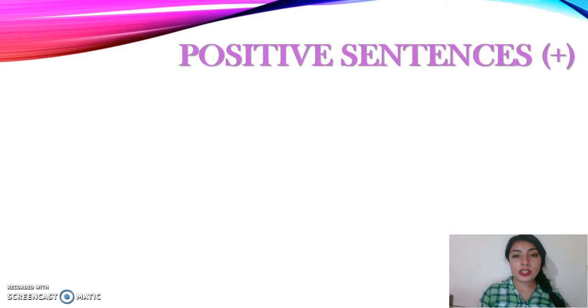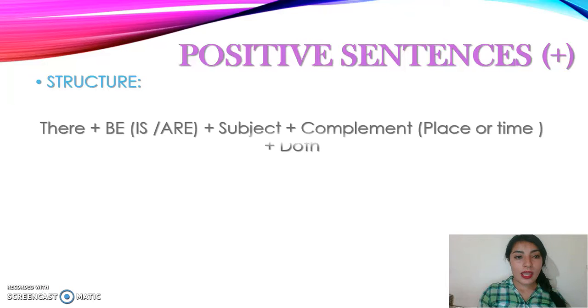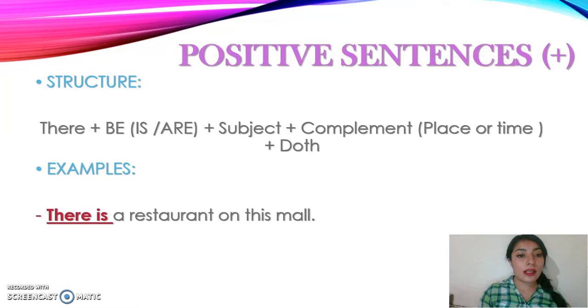So we continue with positive sentences. The structure: there plus be, in this case is or are, plus subject, a noun, plus complement, place or time. When or where does it exist? You have to remember that the complement goes at the end of the sentence, because if you don't put it, it's an incomplete sentence. So I have here more examples.